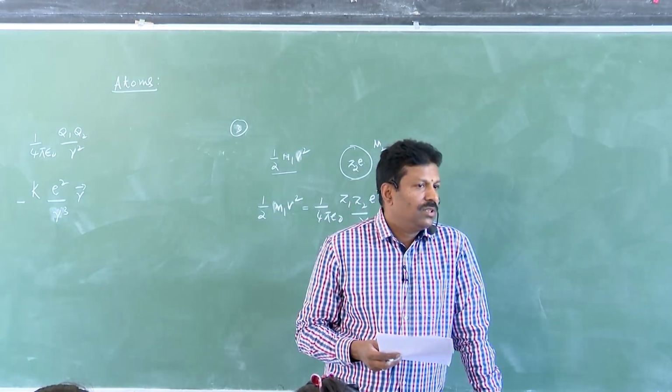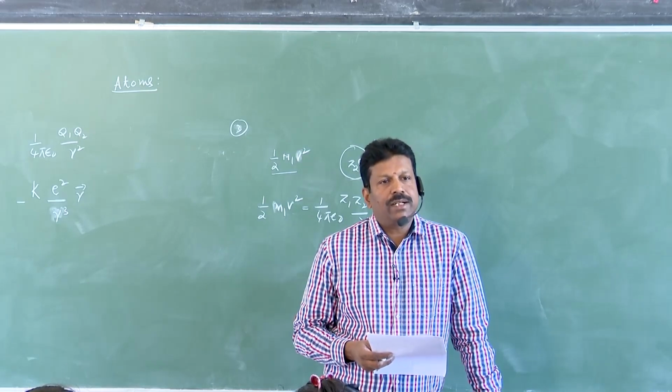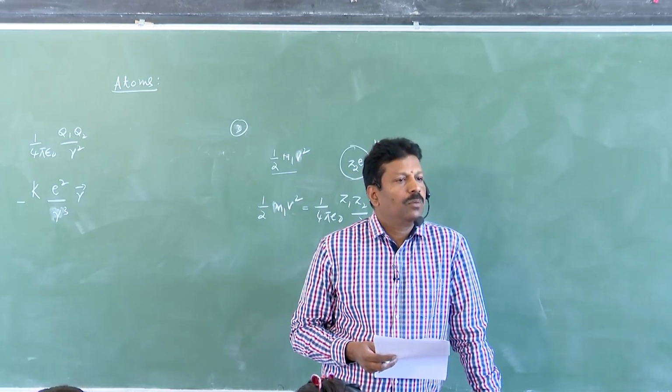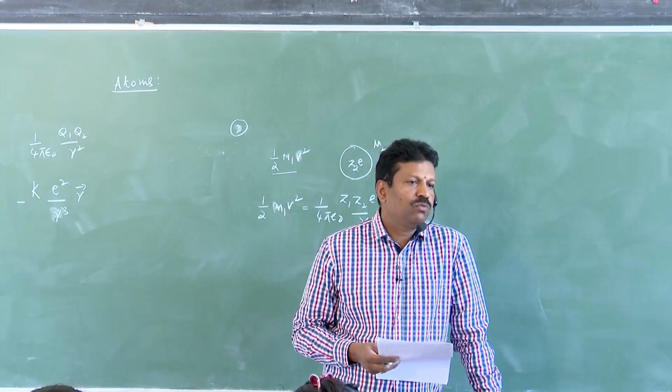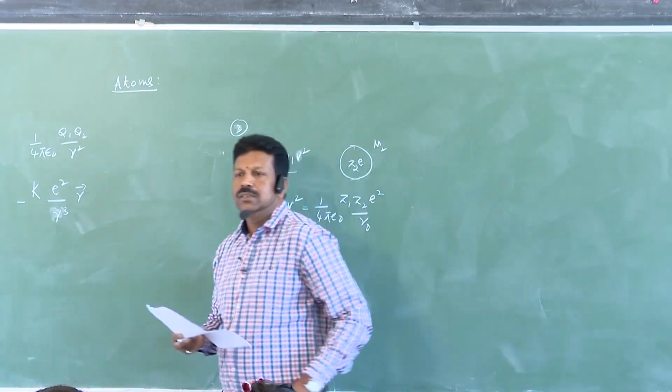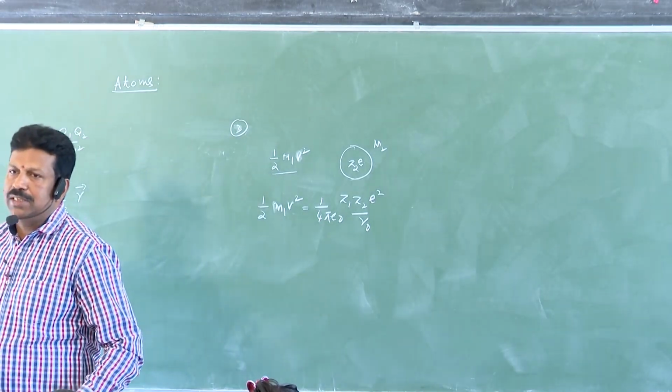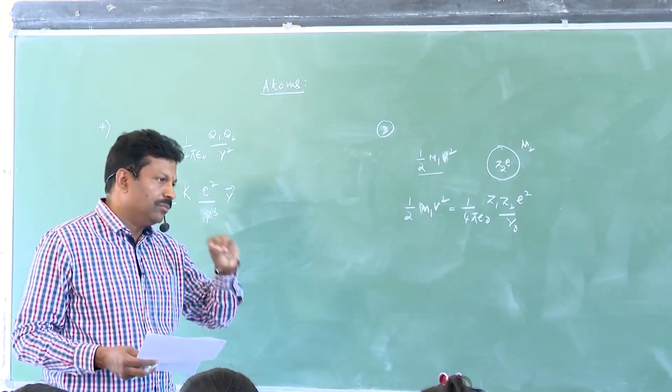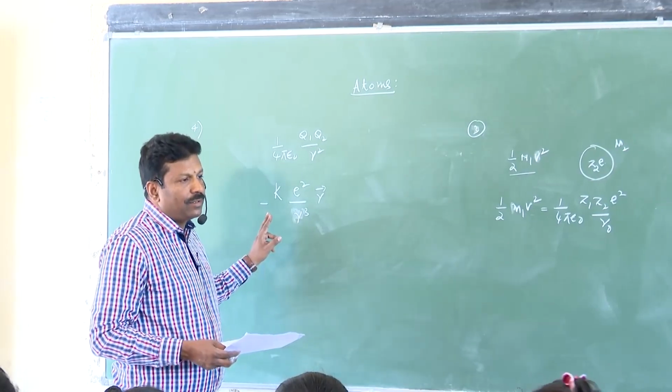So when the force is attractive, the potential energy becomes negative. So if the force is attractive, the potential energy is negative, therefore the force is attractive. When the force is attractive, we'll have to take it as negative.